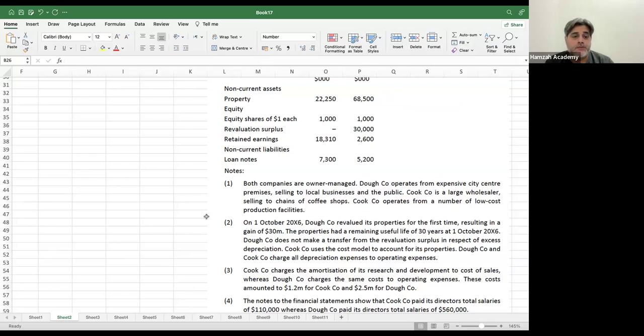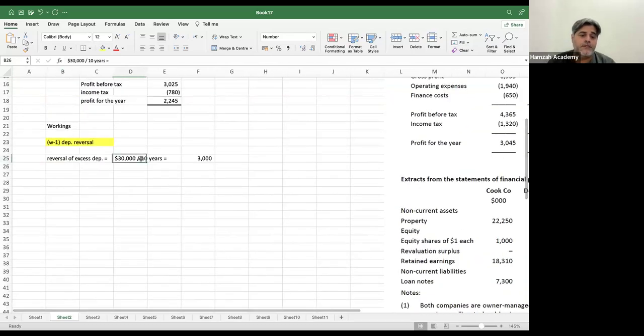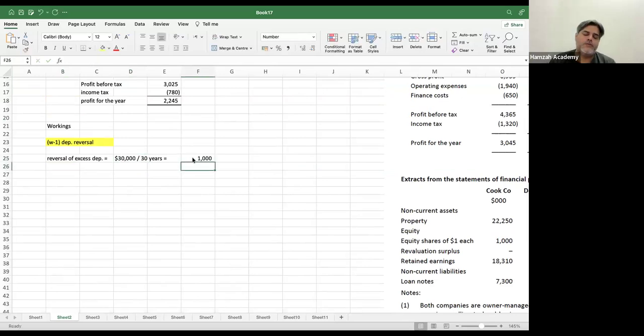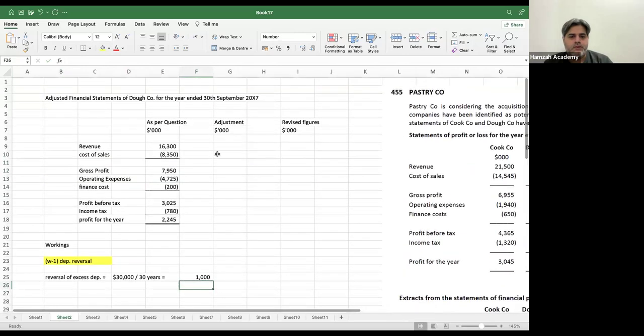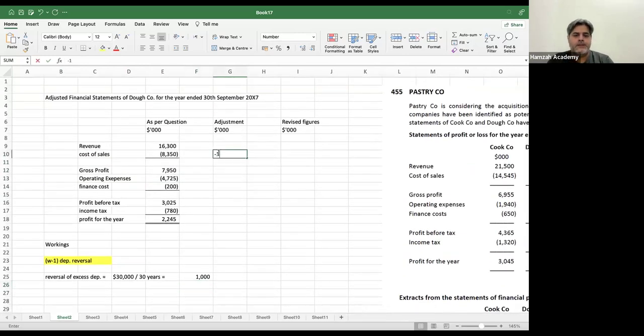The remaining life is 30 years, so it's going to be divided by 30. So it's going to be 1,000. So the reversal of the depreciation has to be 1,000. Done? So I'm going to go over here and minus this 1,000.